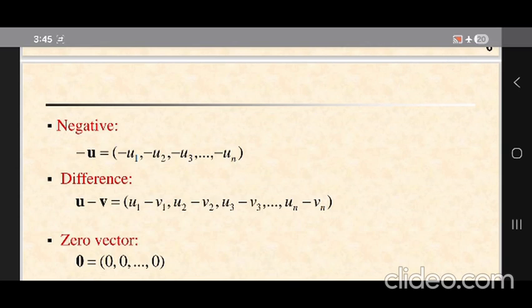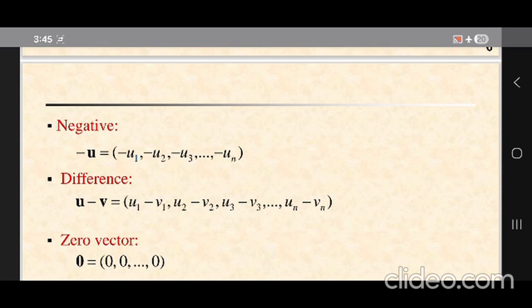Negative: minus u, where minus is multiplied into all the elements of the vector, minus u equals minus u1, minus u2, etc., minus un. Difference: two vectors' difference, u minus v, equals subtracting the elements, u1 minus v1, u2 minus v2, etc., un minus vn.